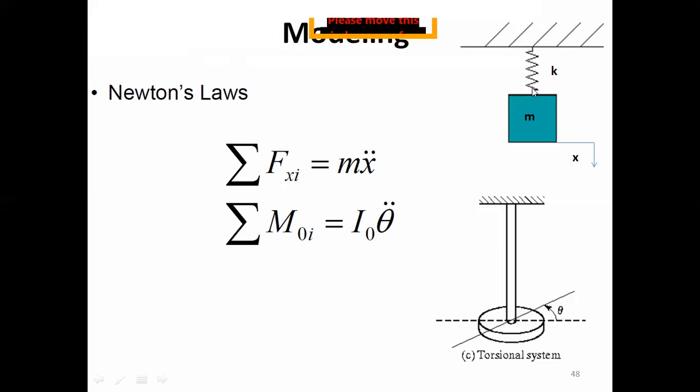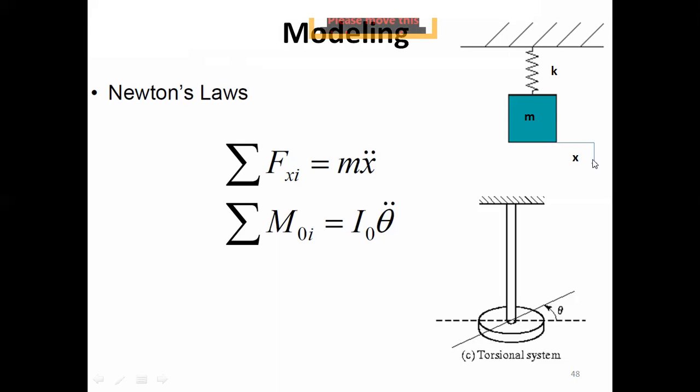This is the lumped parameter model, the simplest model that could be possible for a vibratory system. We are taking all of the mass at one point, and all of the stiffness or elasticity, which is actually distributed, we are taking in this element having stiffness k.